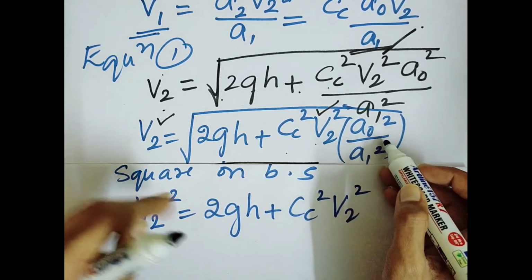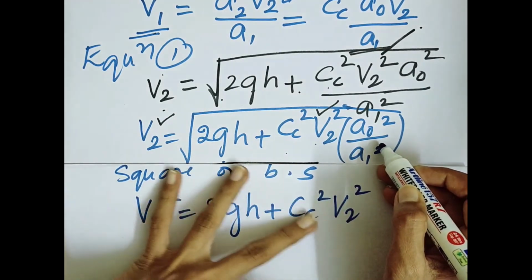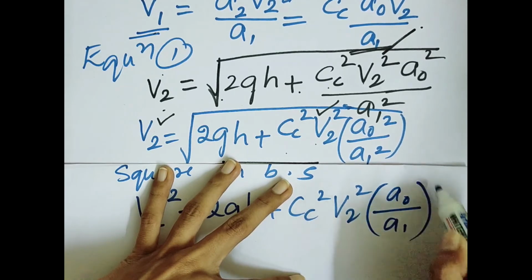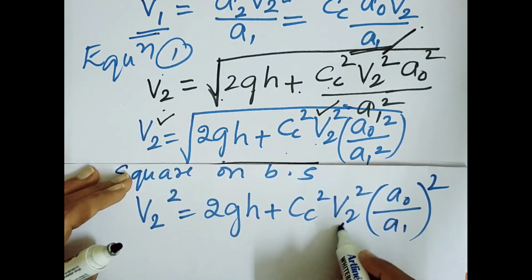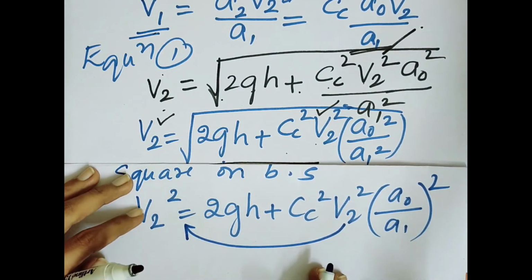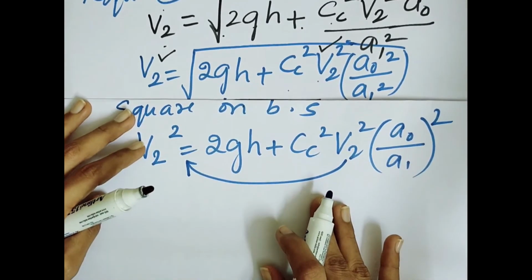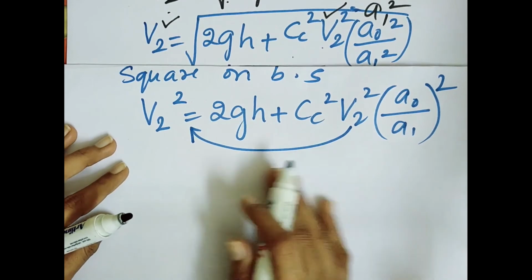So this A0 square by A1 square can be represented as A0 by A1 whole square. Now you send this V2 square term, which is on the right hand side, to the left hand side.